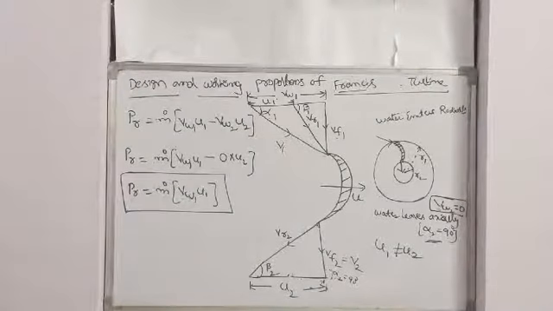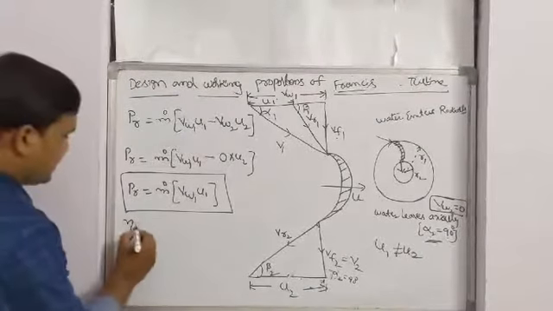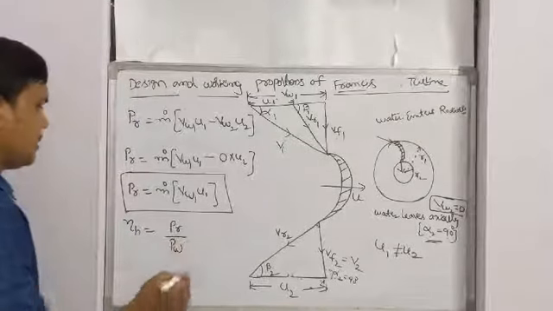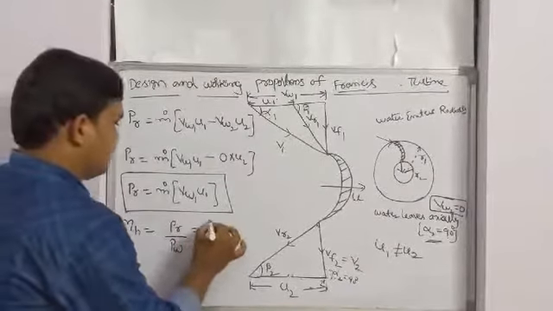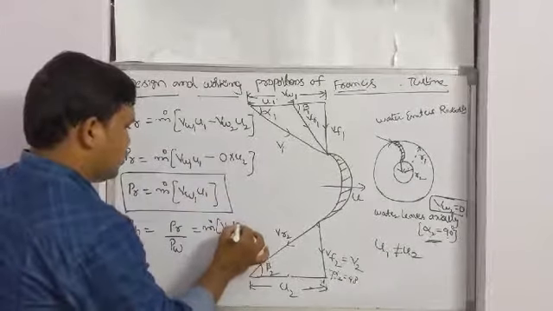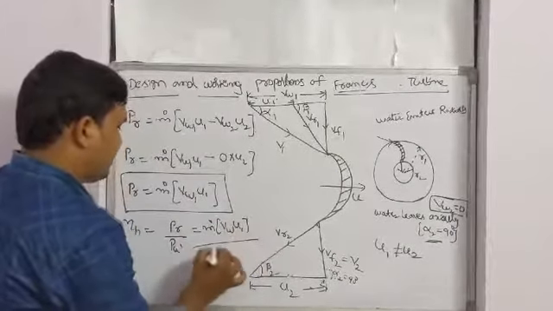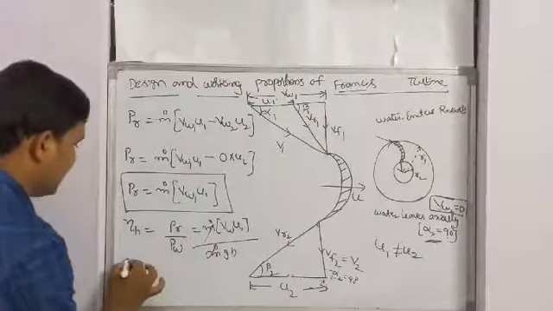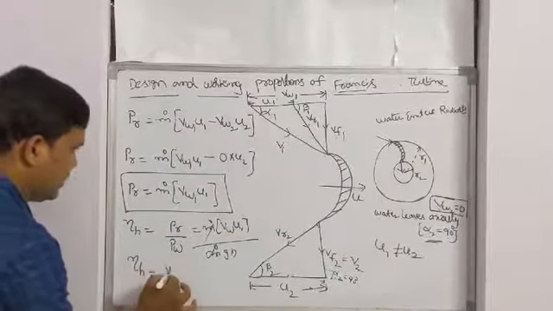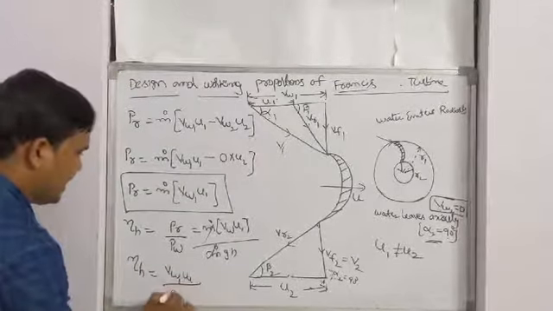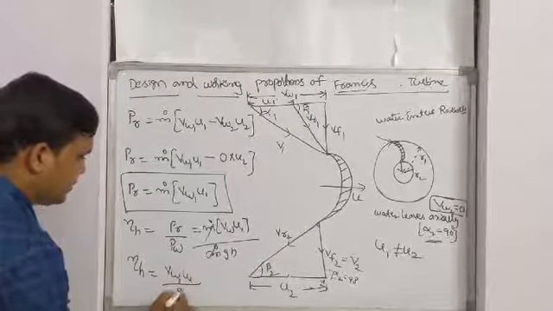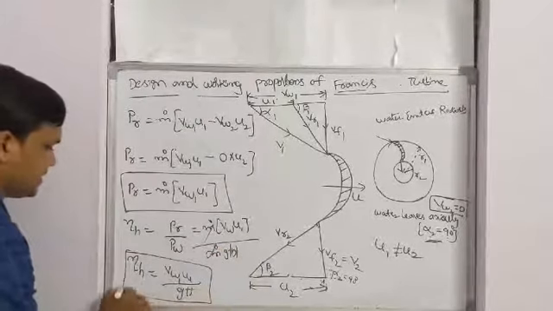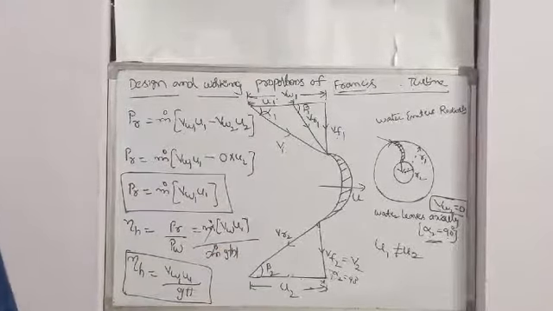Coming to the hydraulic efficiency, it is equal to runner power divided by water power. Runner power is m dot VW1 U1, divided by water power, m dot g h. The m dot cancels, so hydraulic efficiency is equal to VW1 U1 by g h. This is the hydraulic efficiency of a reaction type Francis turbine.